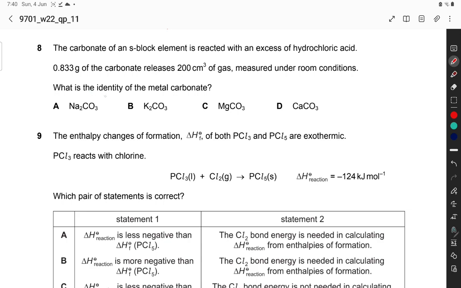What is the identity of the metal carbonate? 0.833 grams of carbonate releases 200 centimeter cube of gas. What is the identity of the metal carbonate?